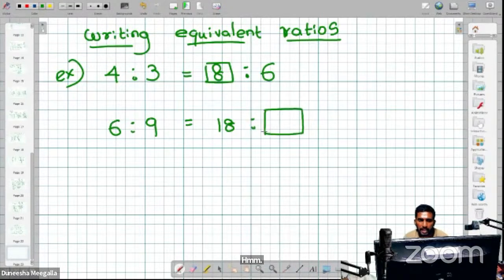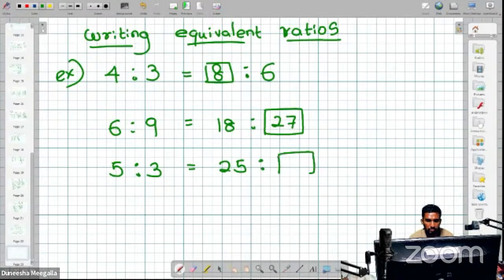What is the answer for the blank? 27. What is the answer for the blank? 15.